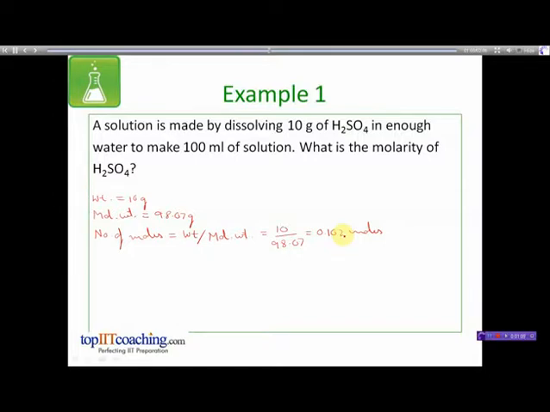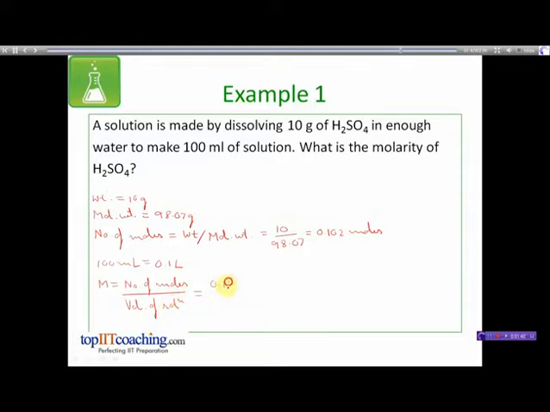Now we are aware of the fact that 100 ml of solution is equal to 0.1 liter of the solution. So we can calculate its molarity, which is denoted by capital M, is equal to the number of moles divided by the volume of solution in liters.